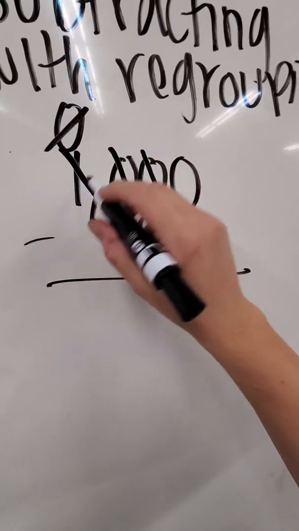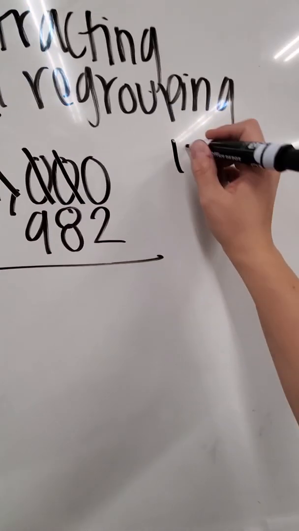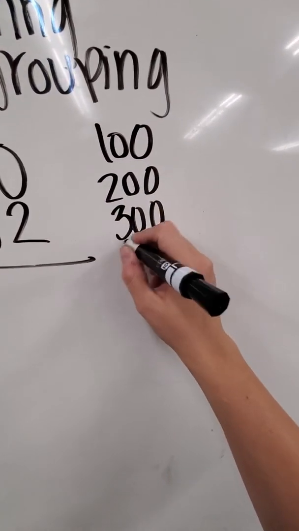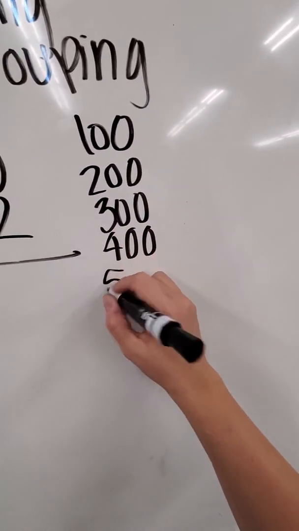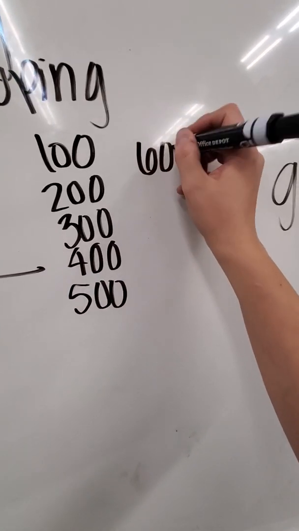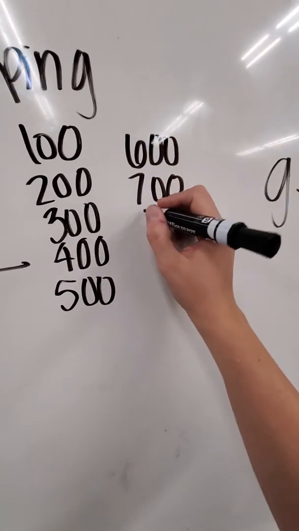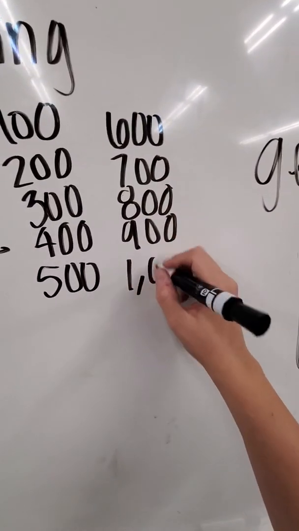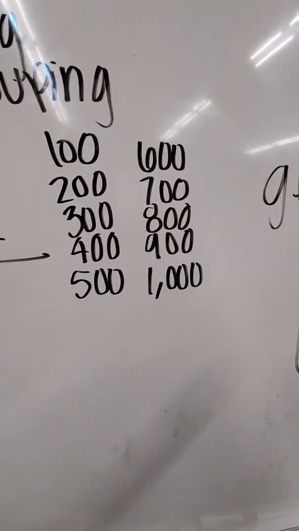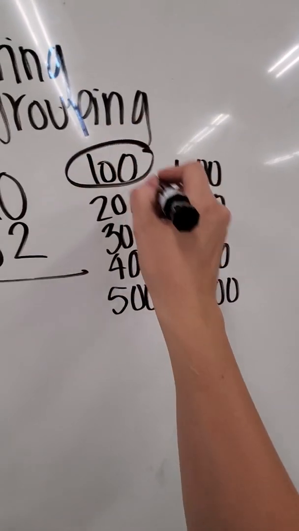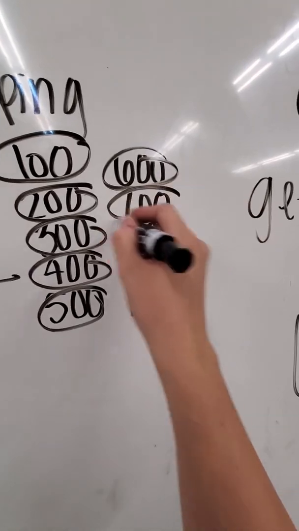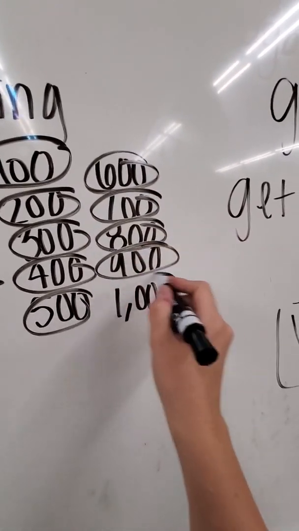If I turn my thousands into hundreds, then I have 100, 200, 300, 400, 500, 600, 700, 800, 900, and 1,000. So how many hundreds do I have? I have 1, 2, 3, 4, 5, 6, 7, 8, 9, 10.